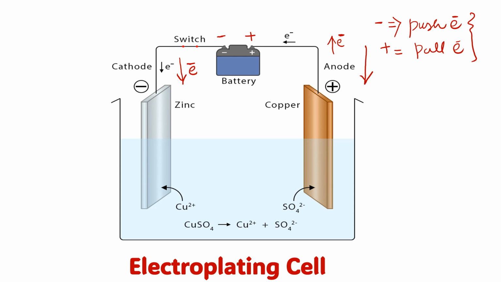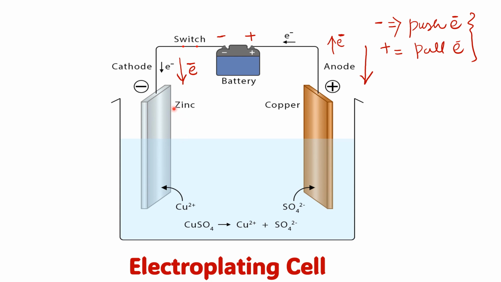Now zinc is in bulk form, whereas copper is also in bulk form. As you know, according to the rule of electrochemistry, when an atom is in a neutral form, then the atom is stable on the surface of a metal. So it will be a part of the metal.